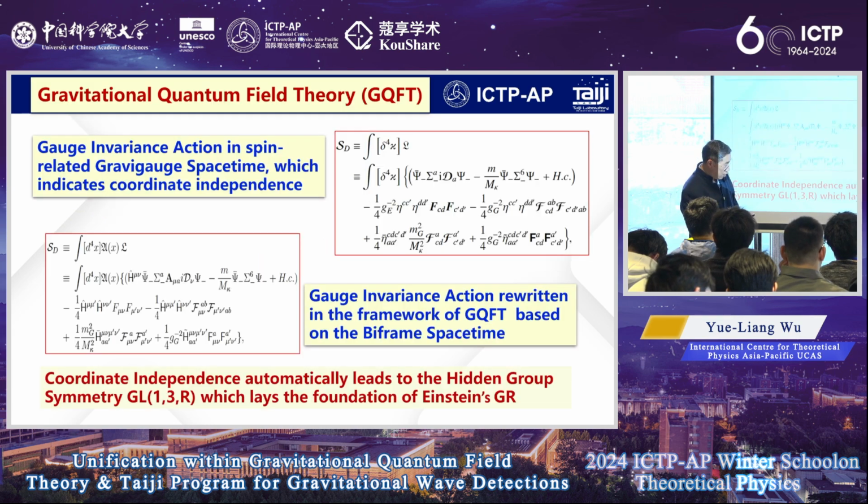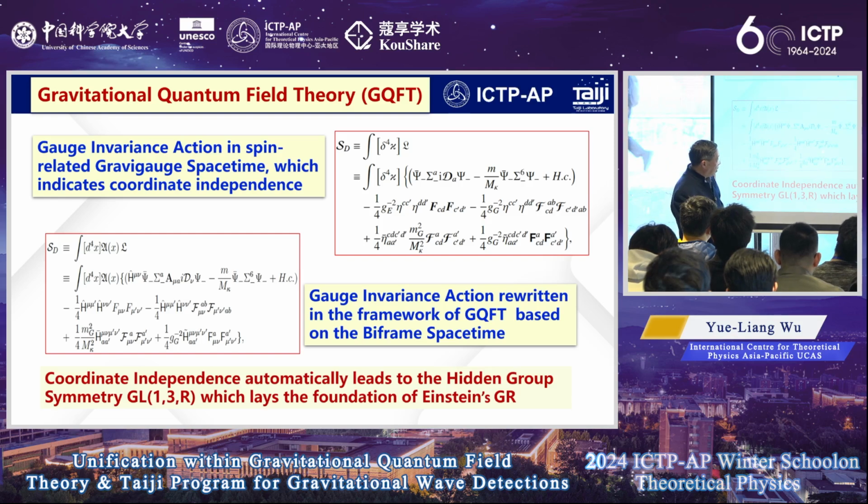Because you see, I can prove this one. This can be proved exactly as the Einstein-Hilbert action plus a total derivative. So this is equivalent to the Einstein-Hilbert equation. But these two terms, the spin gauge field and the one related to the mass of the spin gauge field, are spin gauge invariant.